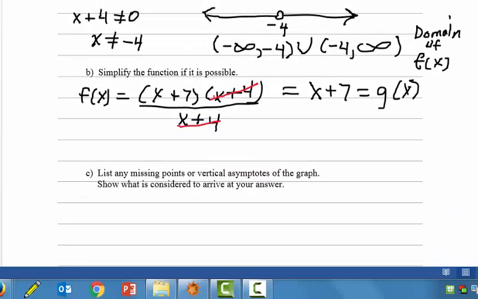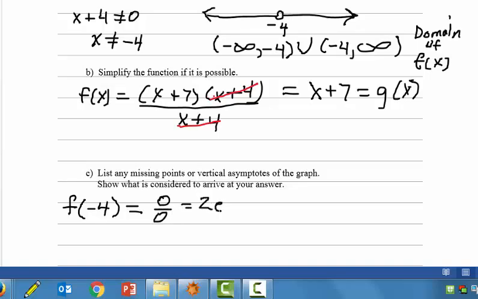So let's list any missing points or vertical asymptotes. So there's only one value that made the denominator 0, and that was negative 4. So that's the only value I need to check for part C. I know x equals negative 4 makes the numerator 0 because it has an x plus 4 in it, and it also makes the denominator 0.